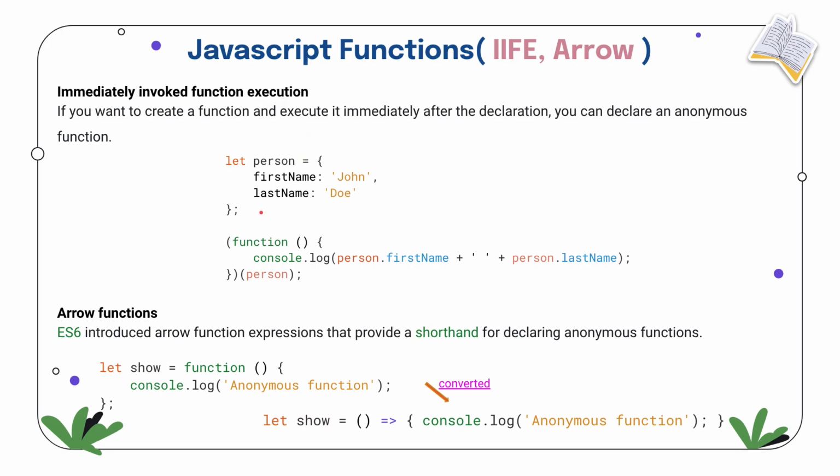It means whenever we call the function, at the same time it should get executed. We need not call that function to execute it. Basically, whenever we create a function, unless you call that function, nothing will happen, right? It won't get executed.